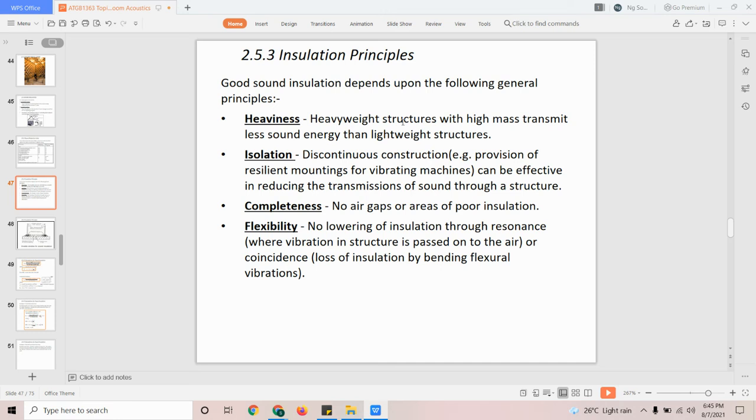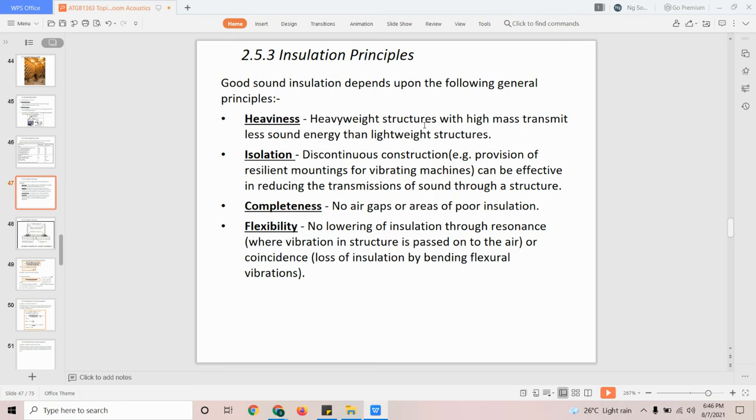So when it hits a structure, for this airborne sound to be transmitted to the other side of the wall, it will actually need to transfer its energy through the structure, meaning it actually has to vibrate the structure. It will have to transfer from a gaseous state to the solid state and then transfer back into an airborne state so that it can be transmitted to us. So all of this transfer of energy is where the insulation comes about.